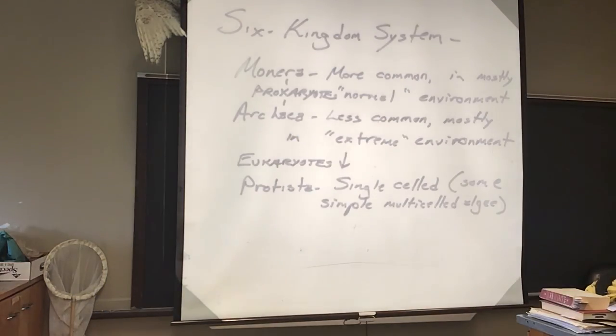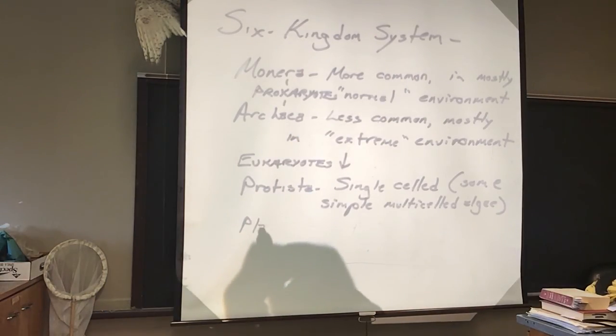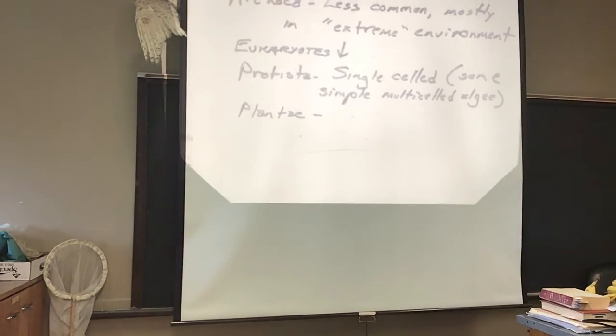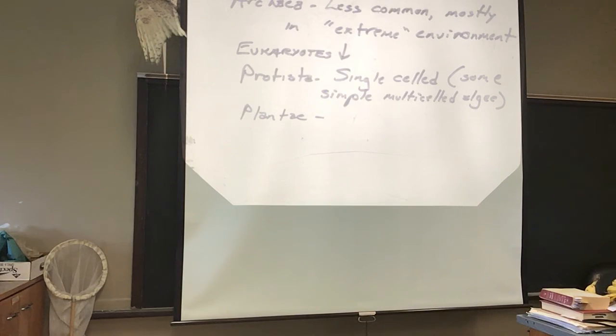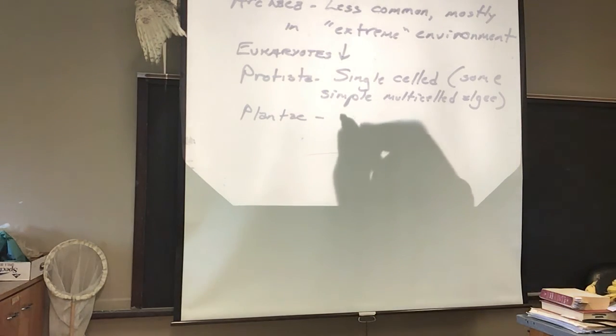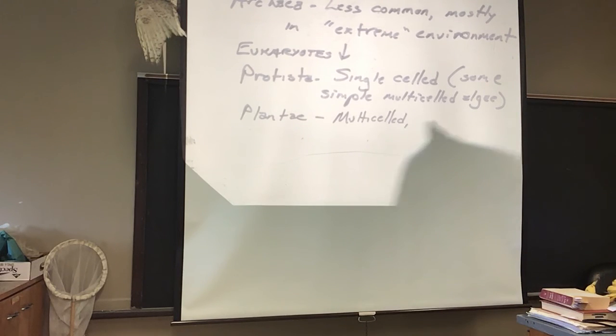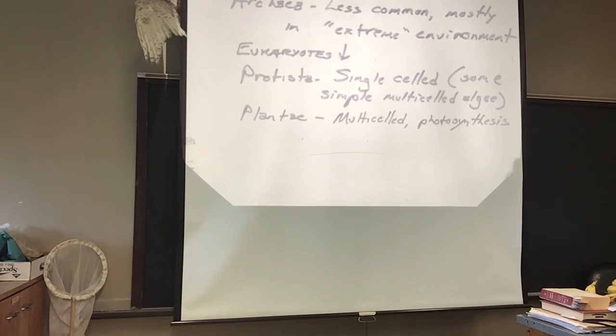The next eukaryote kingdom are the plants. Nice in Latin, Plantae. And these are multi-celled. Everything from here on will be. And they do photosynthesis. They're first level transformers.